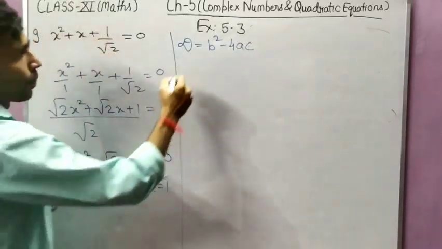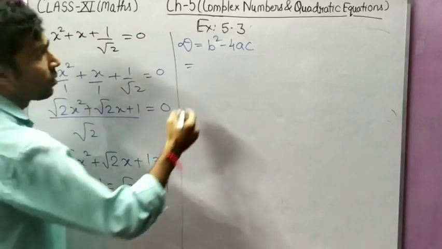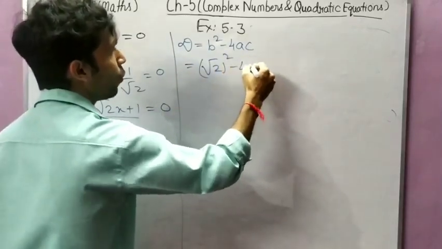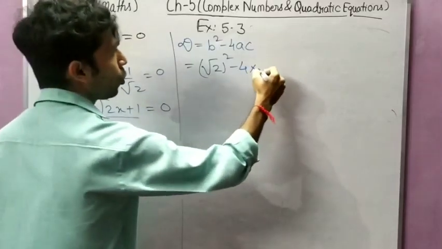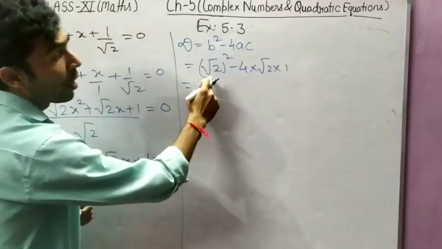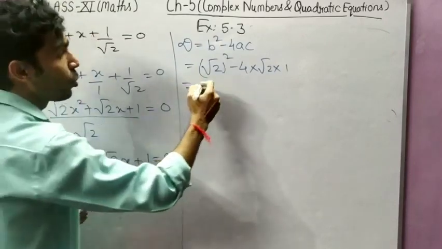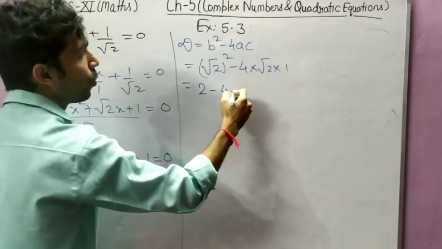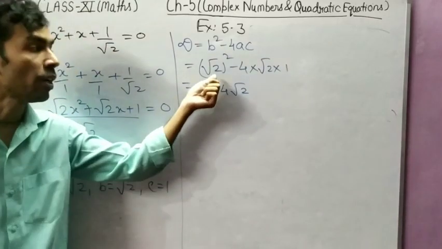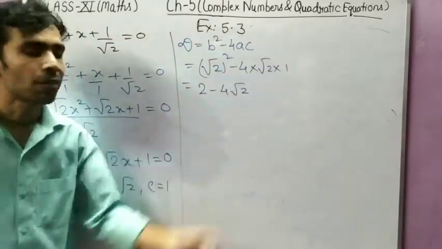Okay, now put all the values. So b is root 2, so root 2 square minus 4 into root 2 into 1. Okay, so the square of root 2 is 2, minus 4 root 2.